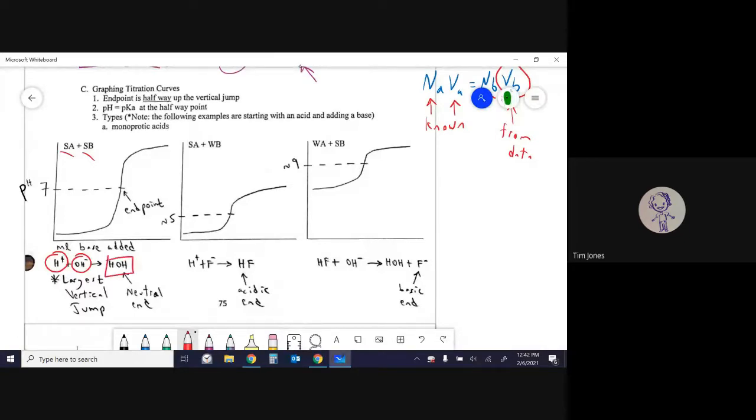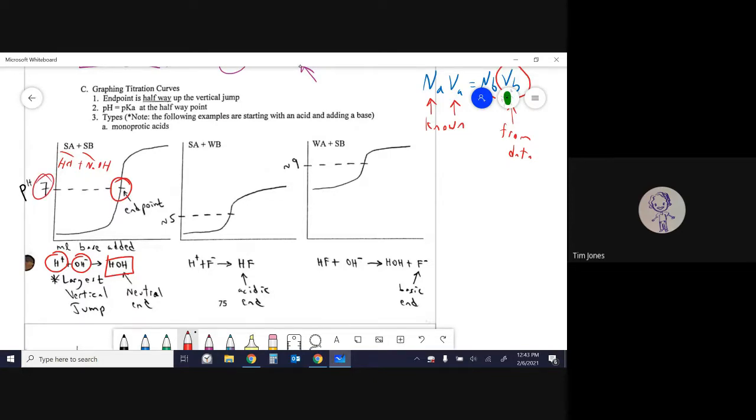An example here would be HCl and sodium hydroxide. That'd be the most common example, in which case you're going to have sodium and chloride spectator ions. They're not doing anything, and they're neutral in water solutions, and you end up with a neutral end right here at a pH of 7.